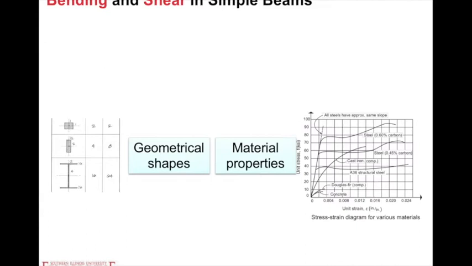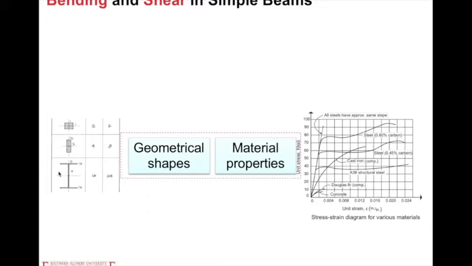Before we talk about that, let's review what we have learned from our previous lectures. We first talked about geometric shapes. If we use the same material for the same cross-section area, a different cross-section shape will give us different capability to resist the applied force.